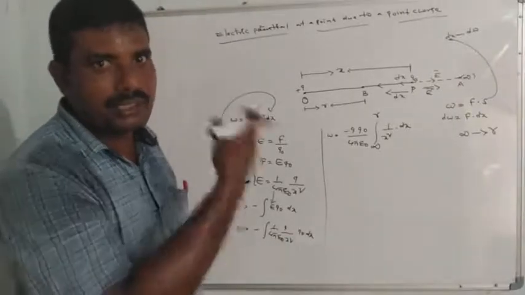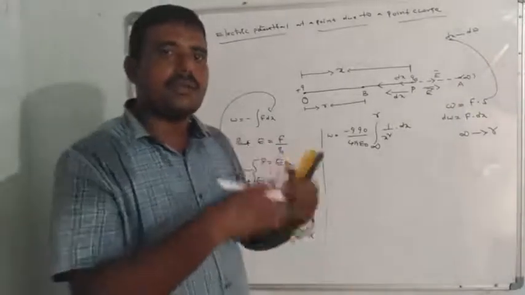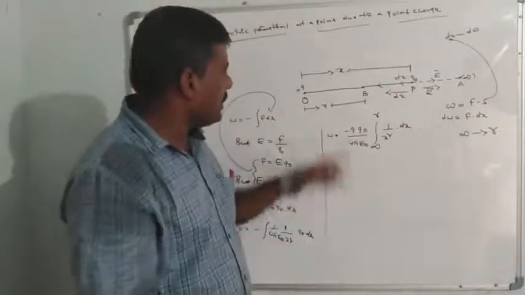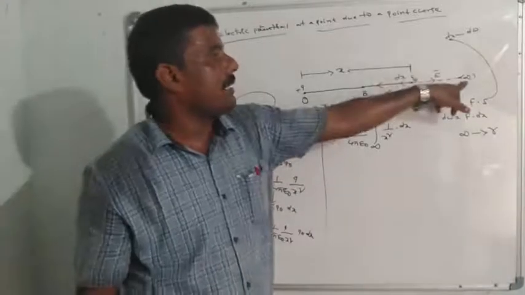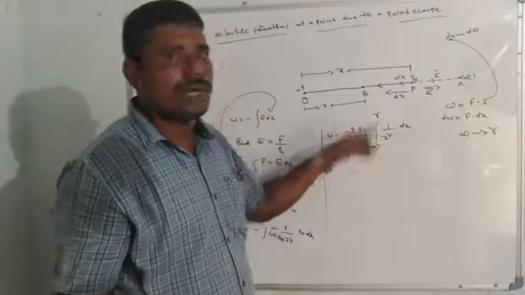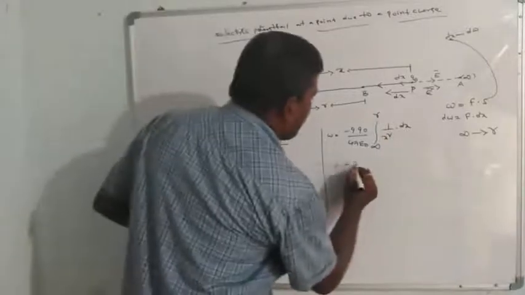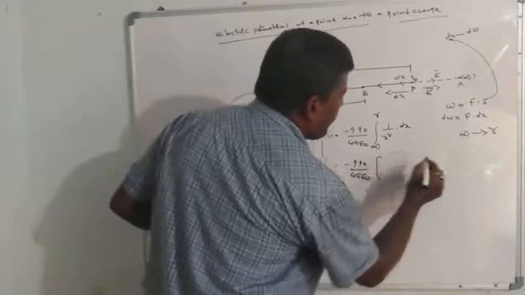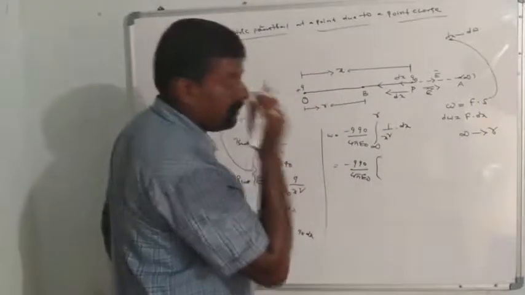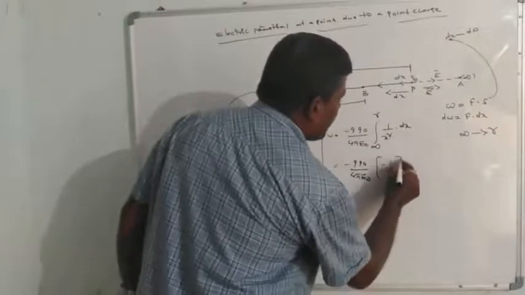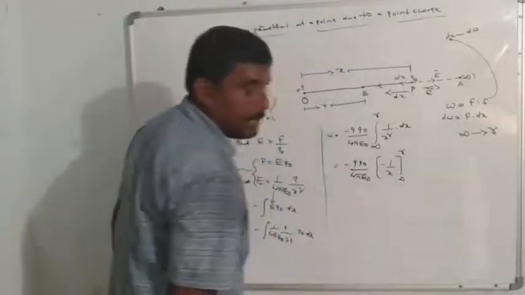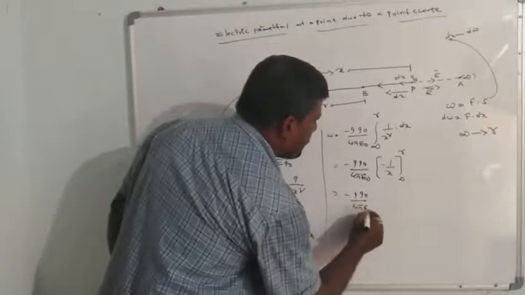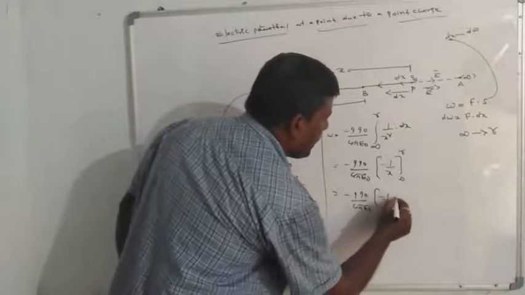What is the statement of potential? The work done is required when the test charge is moving from infinite to finite distance, so moving from infinity to r. So minus q naught by 4 pi epsilon naught, the integration of 1 by x square is minus 1 by x, with limits from infinity to r.